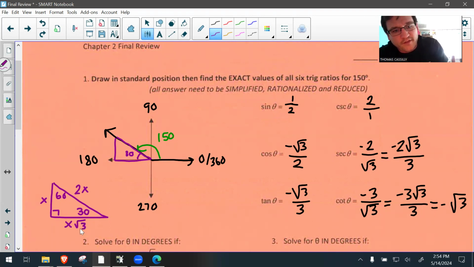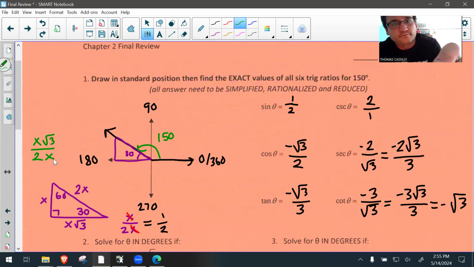If I look at the sine on this thing, the sine is the opposite over the hypotenuse. That is x over 2x. Look at those x's, they cancel out. And we're just left with 1/2, which is what we had up top. If you want to look at the cosine, the cosine is the adjacent over the hypotenuse. That's x square root of 3 over 2x.